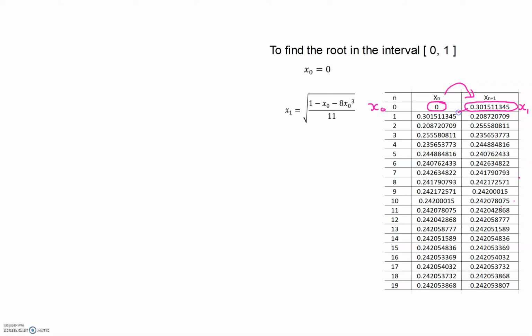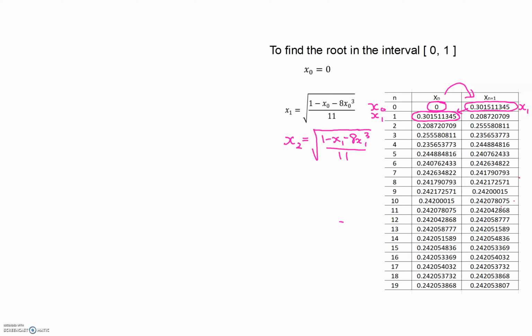That is then transferred across, and so x1, you can see those two values on the table are exactly the same, and x1 is then put into our iterative formula, so that x2 is generated using 1 minus x1 minus 8x1 all cubed all over 11 and then square rooted.